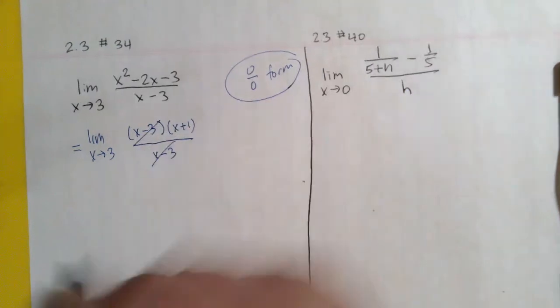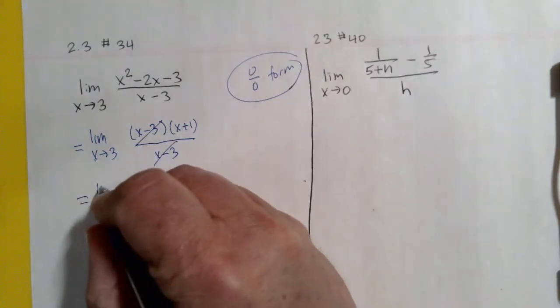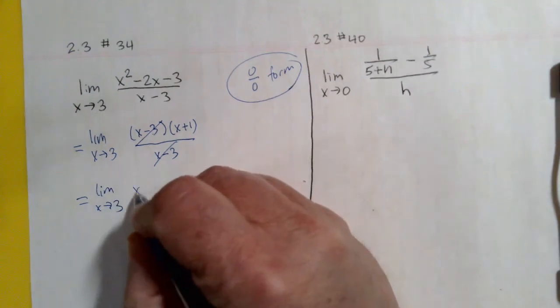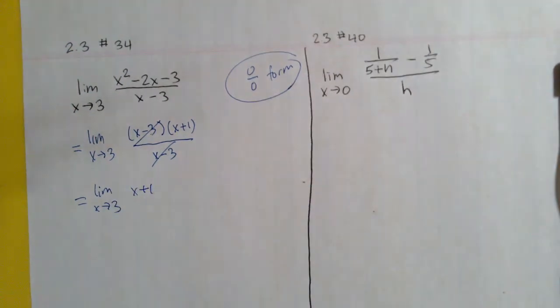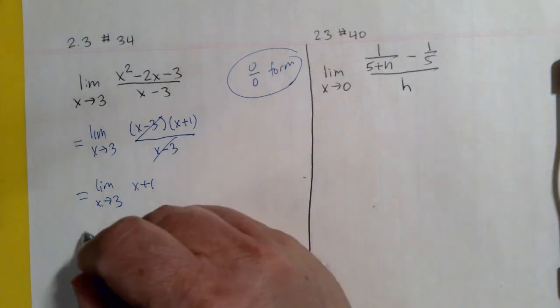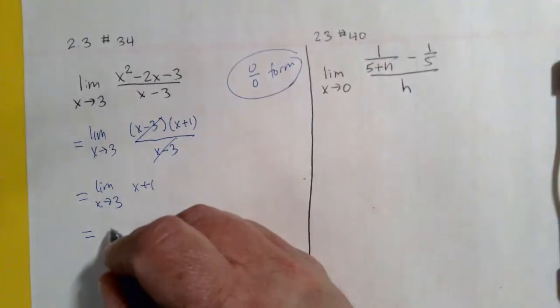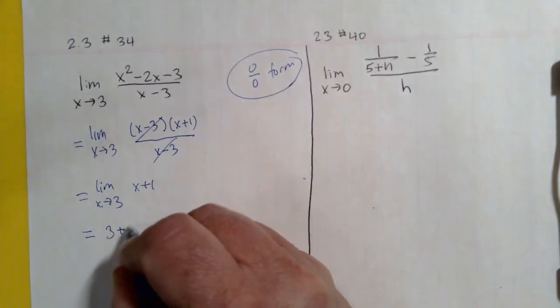So our limit here will be the same as this limit. And now we've reached a point where we have the limit as x approaches 3 of x plus 1. We can substitute in there because that's a polynomial, and we no longer have any kind of 0 over 0 problem that we saw before.